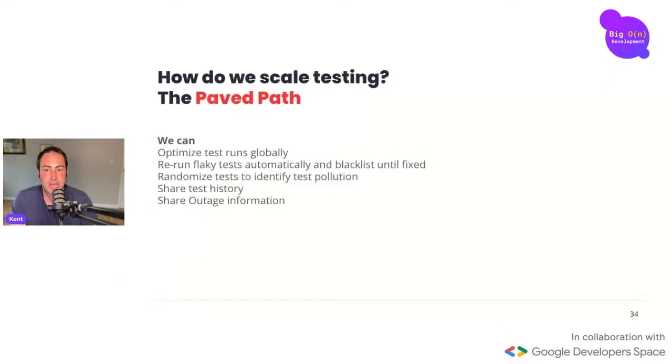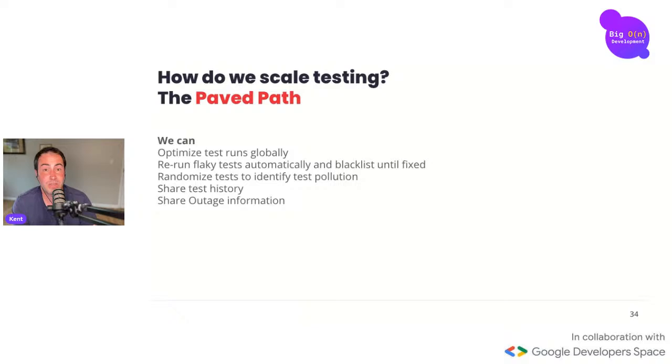And so going back to, we created a paved path, a solution that was fully supported, both on the back end and the front end. This really gave us new capability. It allowed us to optimize test runs globally.